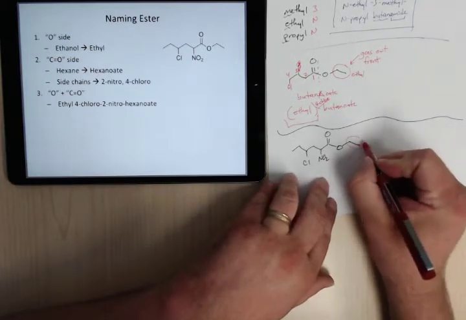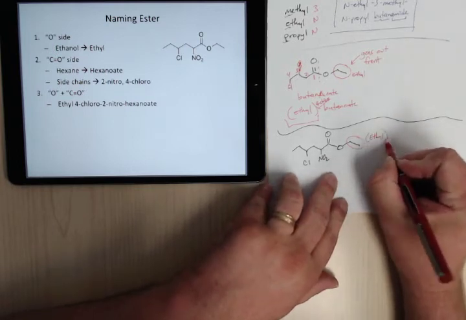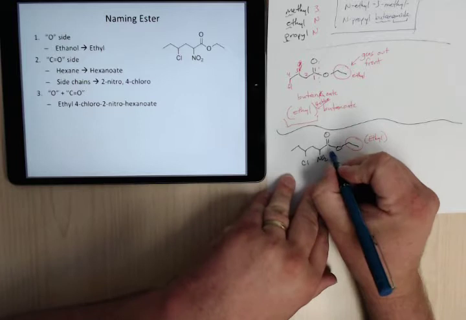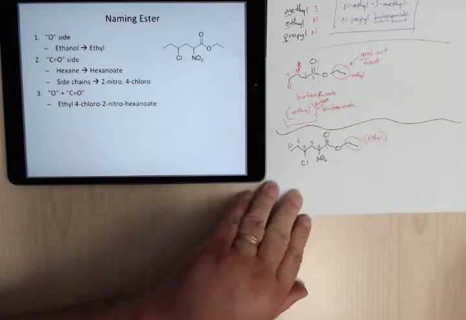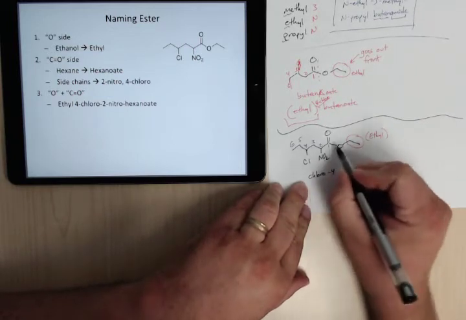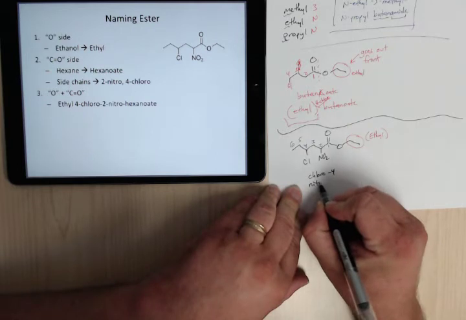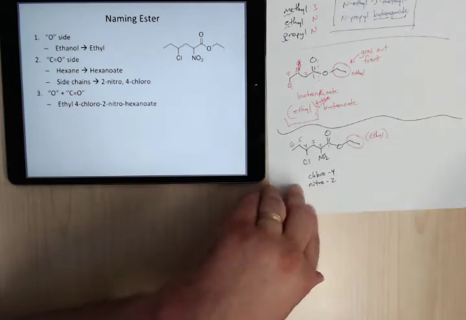So this part here, that's what's going to go out front, so that's going to be ethyl. The rest of it is going to be 1, 2, 3, 4, 5, 6. So the chloro is hanging off of carbon 4, the nitro is hanging off of carbon 2.